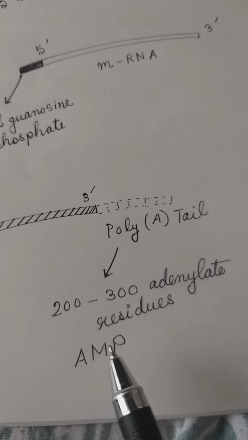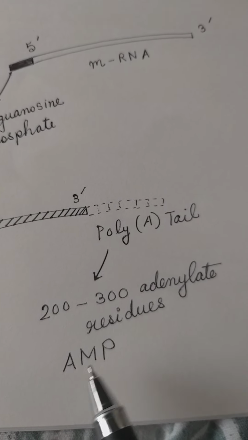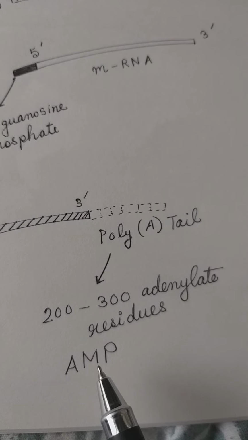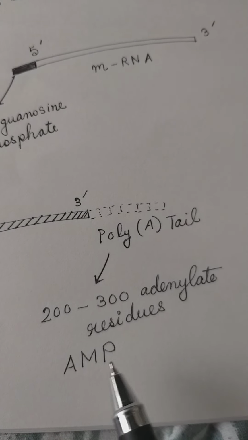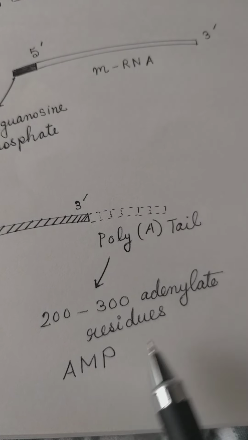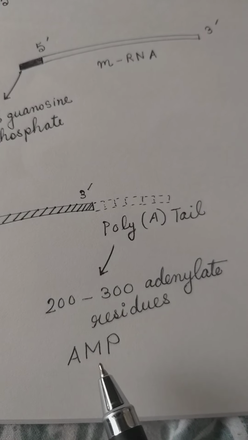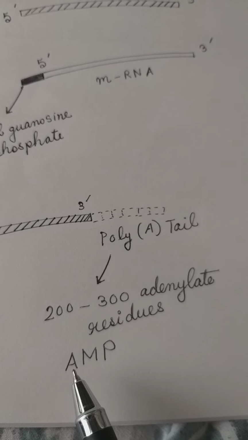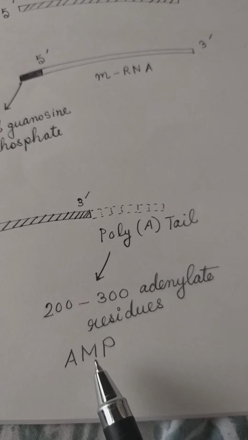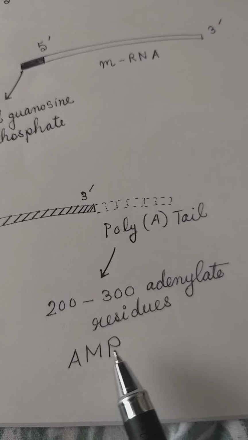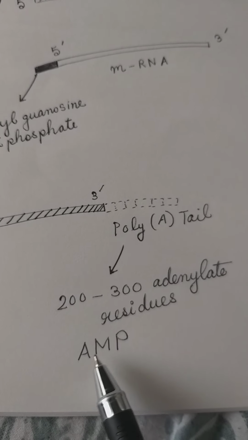Adenylate means adenosine monophosphate: adenine plus phosphate. Adenylate means a nucleotide which consists of adenine, one phosphate and one sugar. This is called adenylate or AMP.